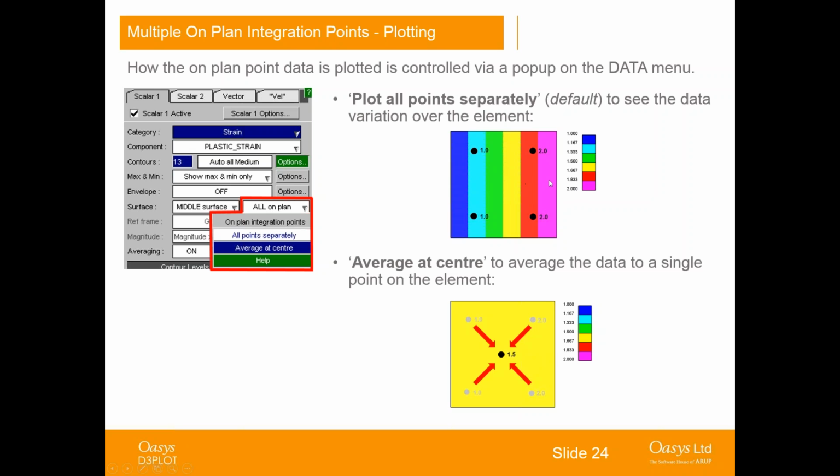So you would get this change in color. In this case we have averaging on, so you get this gradation in color from the value 1 to the value 2 going across. And if these points were different, we would get a gradation across all 4 of them.